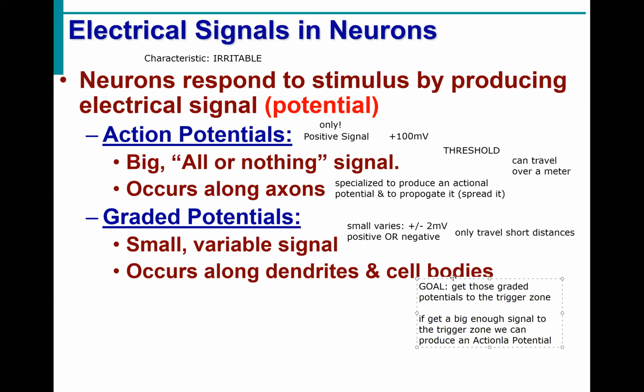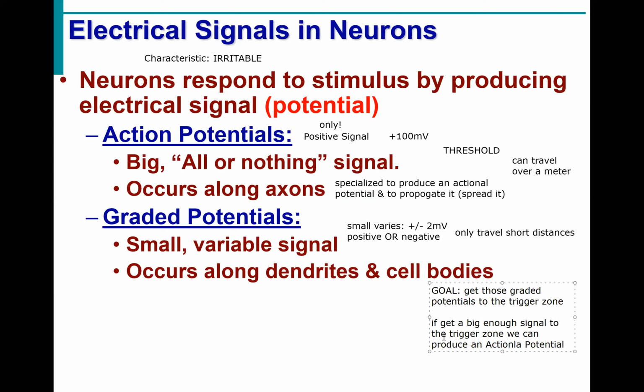So these two potentials, the graded potentials and the action potentials, are going to work together to produce and send our signal. We start with graded potentials on our cell body and dendrites. And if we can get a big enough signal to our trigger zone, right, in that axon hillock, in that part where we're specializing our axon, then we can produce that action potential and we can send that signal long distances. And that's going to be our goal.